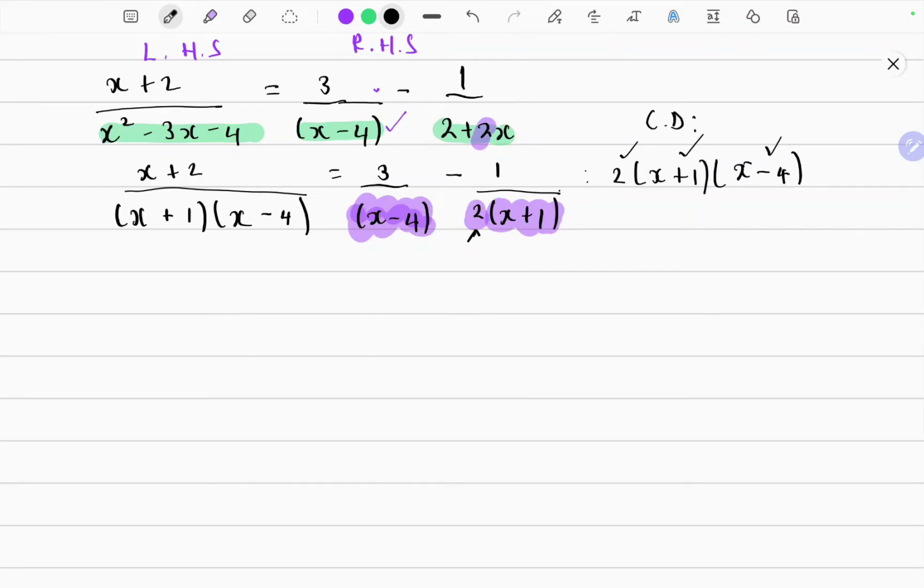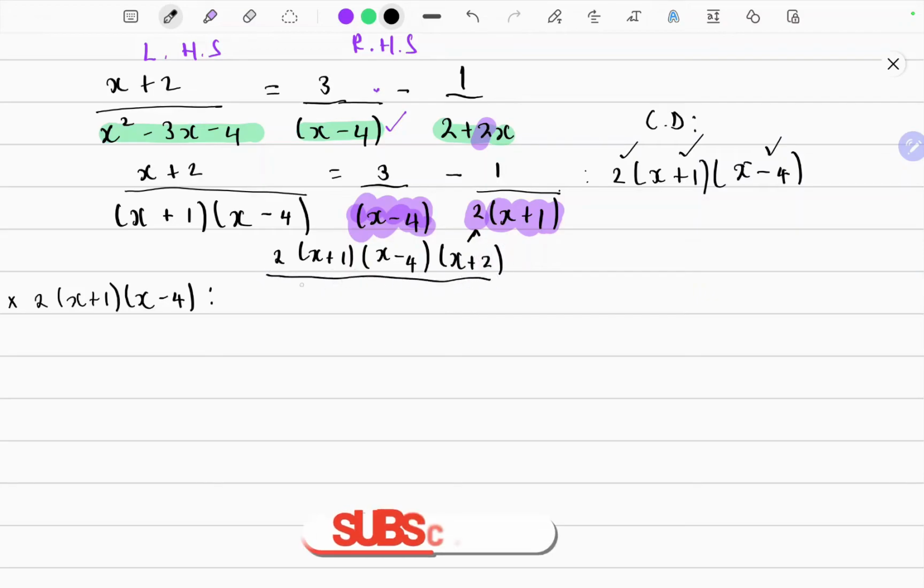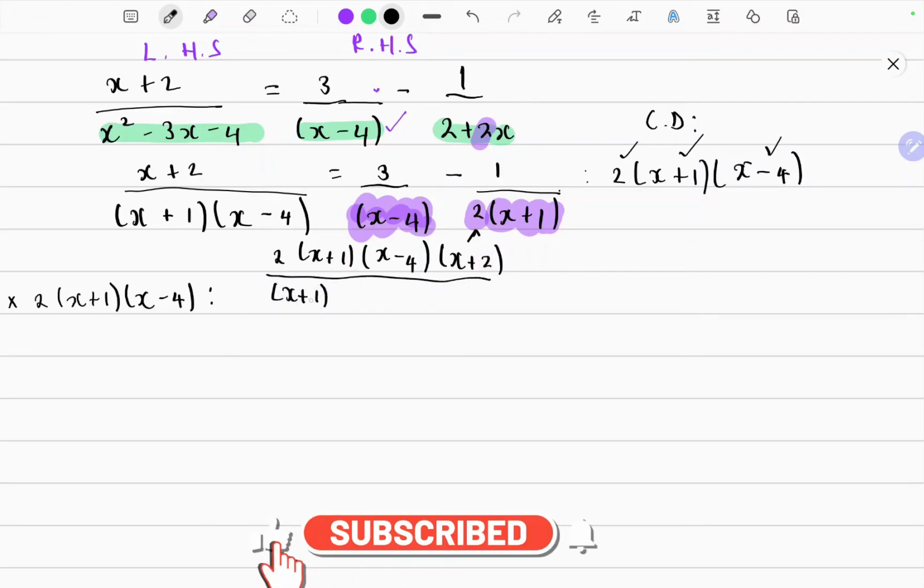So I'm going to multiply throughout, left-hand side and right-hand side, each term with the common denominator, that is 2(x plus 1)(x minus 4). So it's going to be 2(x plus 1)(x minus 4) into x plus 2, all over (x plus 1)(x minus 4).